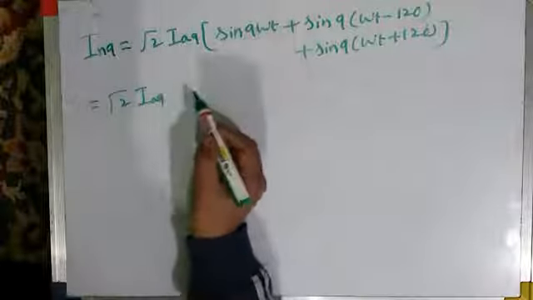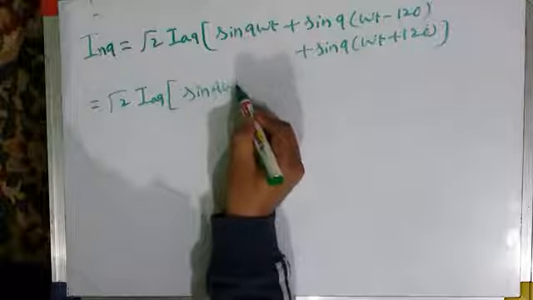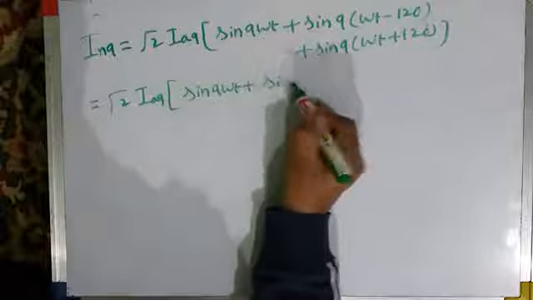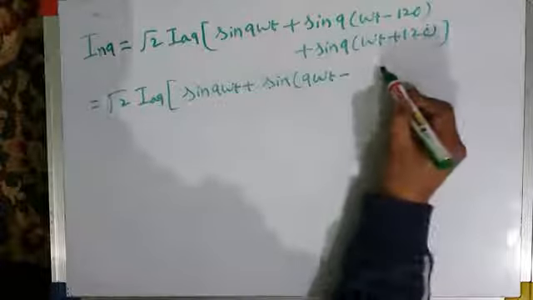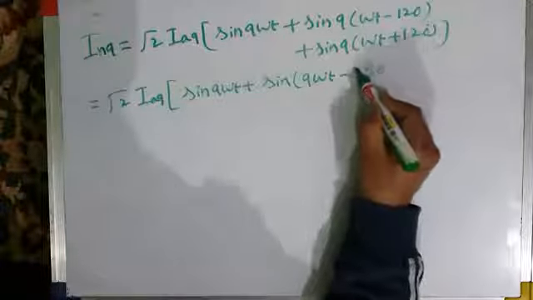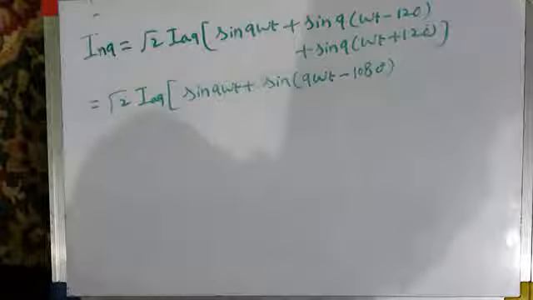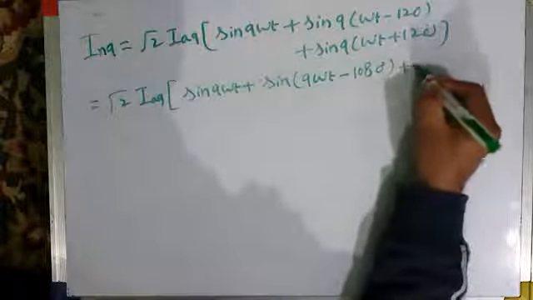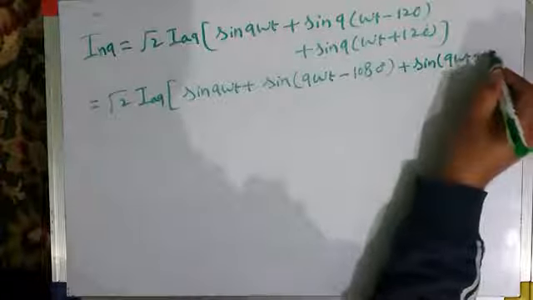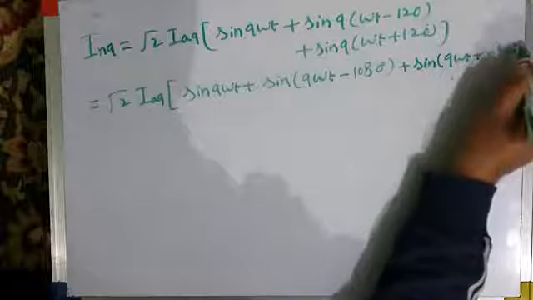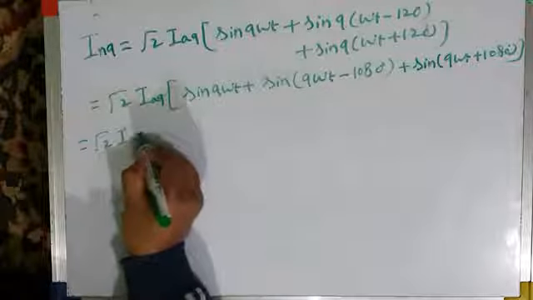So that is equal to root 2 I_A9 into sine 9 omega t plus sine, I will take this 9 inside, so 9 omega t minus 9 into 120, which is 1080 degrees, plus sine 9 omega t plus 1080 degrees. So this is root 2 I_A9.